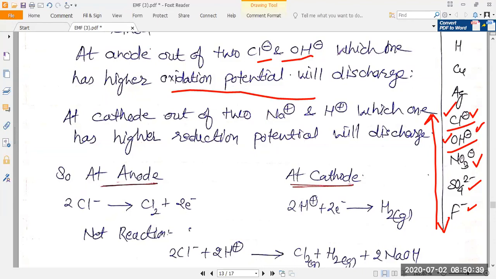This means chloride has more oxidation potential as compared to hydroxyl ion. So here at the anode side, chlorine will discharge. The reaction will be Cl negative gives chlorine gas at the anode side.